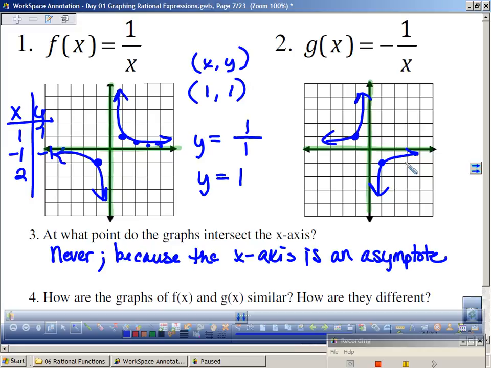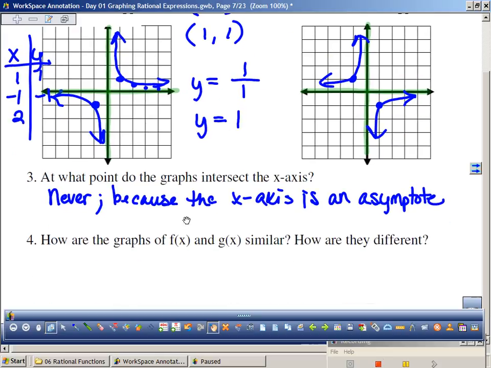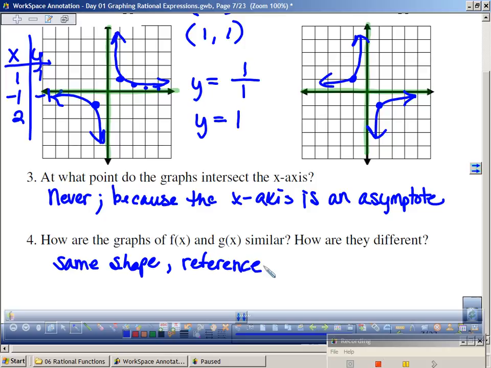So the answer to this one, how are the graphs f of x and g of x similar? How are they different? They're similar in shape. They both have the exact same shape, right? And their reference point is also the same distance away from the asymptotes. It is in a different location, but it's the same distance, right?